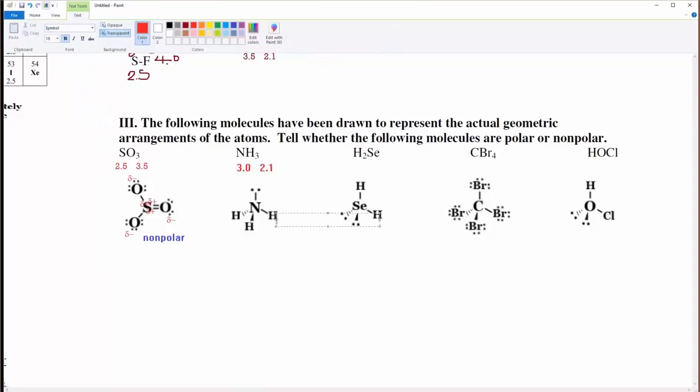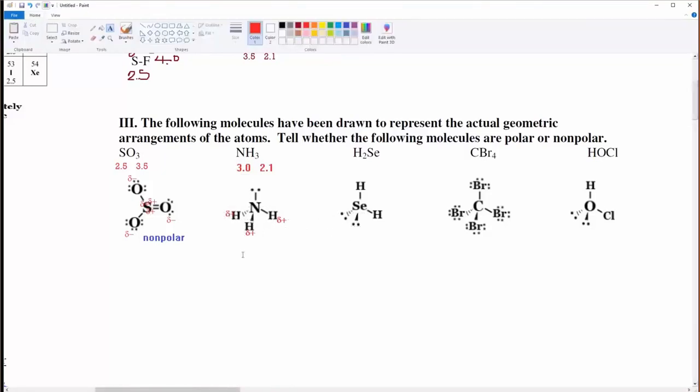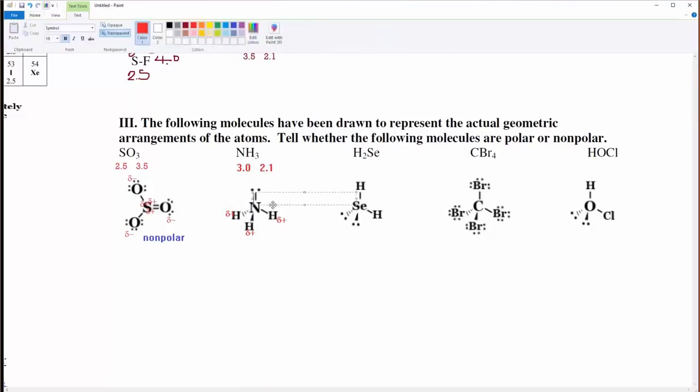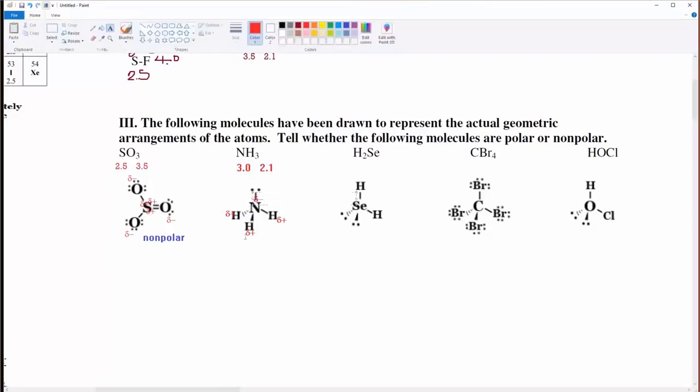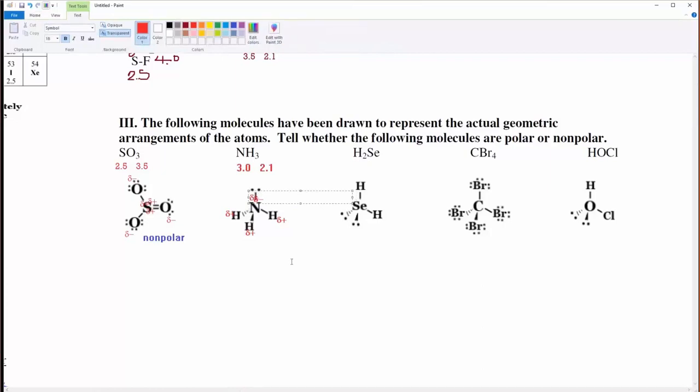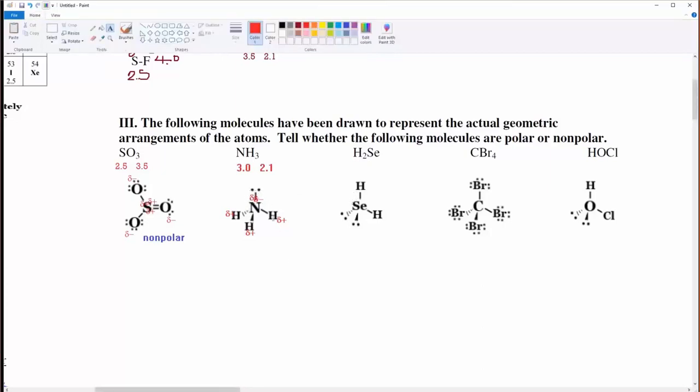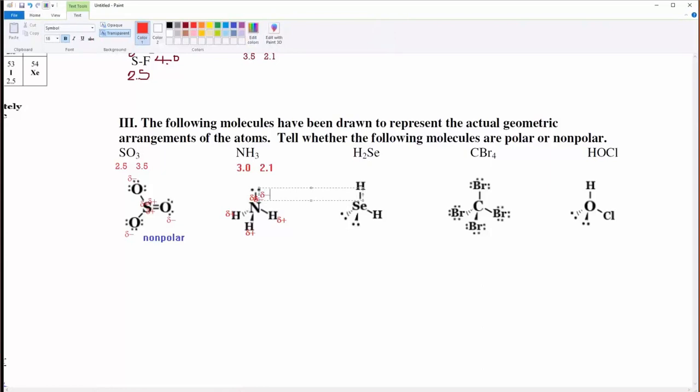H gets the partial plus. Okay, so partial plus on this H, partial plus on this H, partial plus on this H, and each bond gets a partial plus on the hydrogen and a partial minus on the nitrogen.